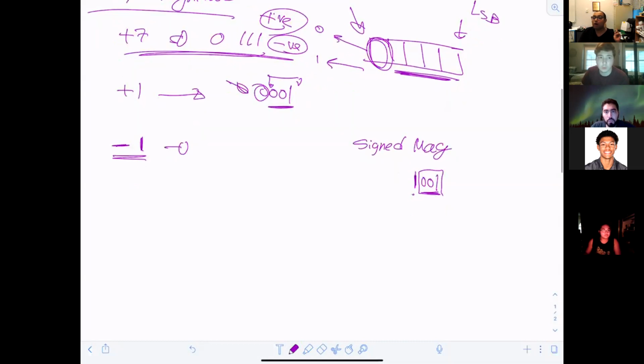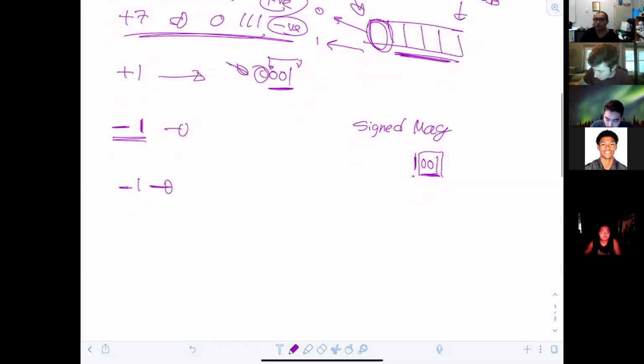Okay, now I'm looking for the 1's complement, because if you remember, the 2's complement was the 1's complement plus 1. Do you guys remember that? So if I am saying -1, I'm looking for the 1's complement. The 1's complement is basically the reverse of everything. You agree? Yes, it's the reverse of everything.